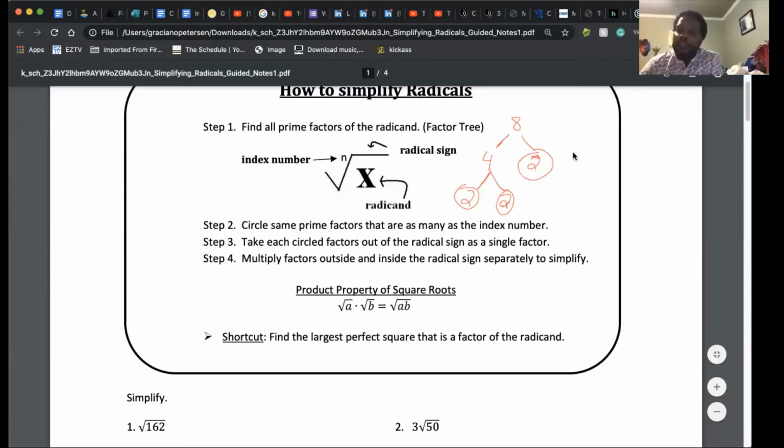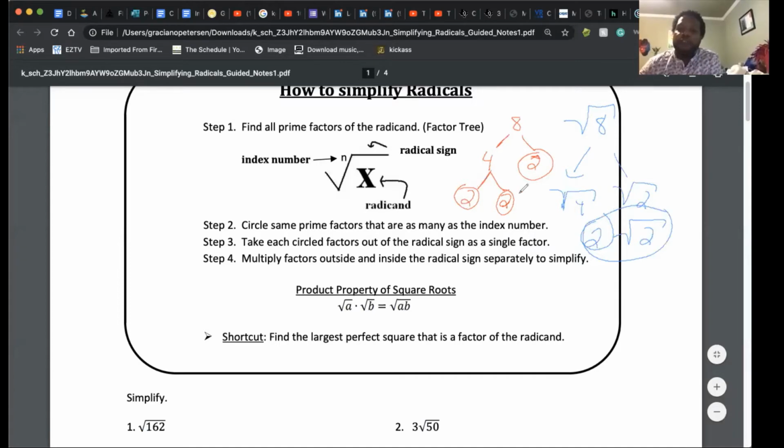So if I have something like the square root of 8, because I know how 8 breaks down into 4 and 2, I can split that into the square root of 4 and the square root of 2, right? Because I know how my factor tree works. So what is the square root of 4? I can solve that. The square root of 4 is 2, so I'm left with just 2 times the square root of 2. This is how I can simplify the radical of 8, okay?